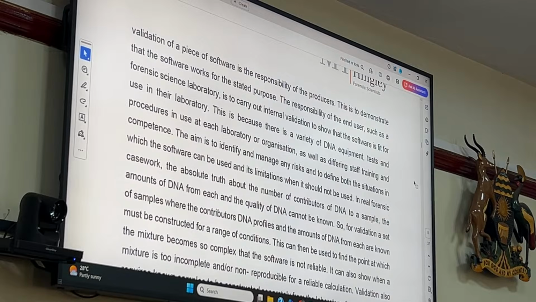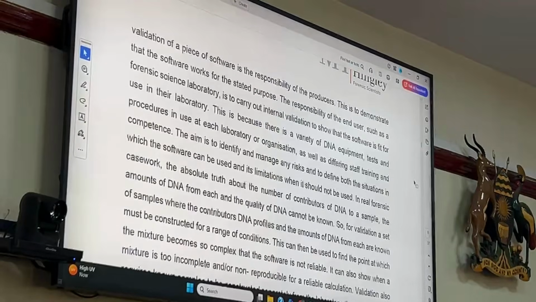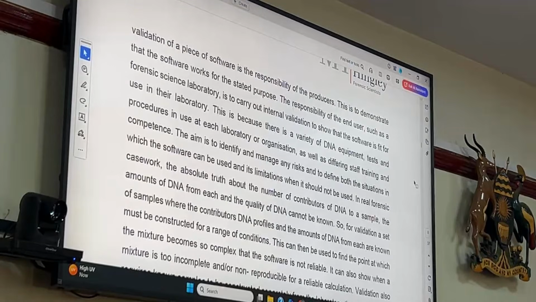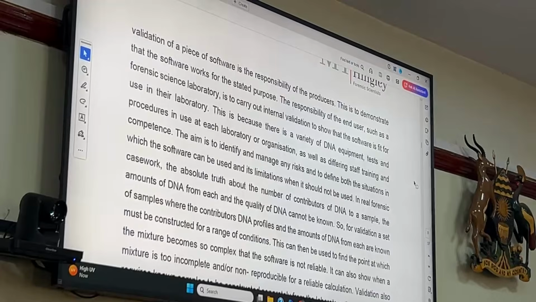In order to be used in the forensic context and to meet the evidential level required, the producers of the software must demonstrate that the software and the mathematics within the software work as expected.